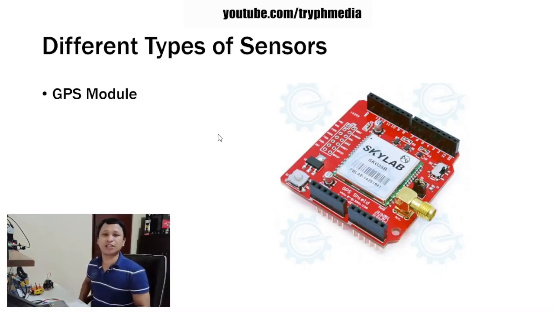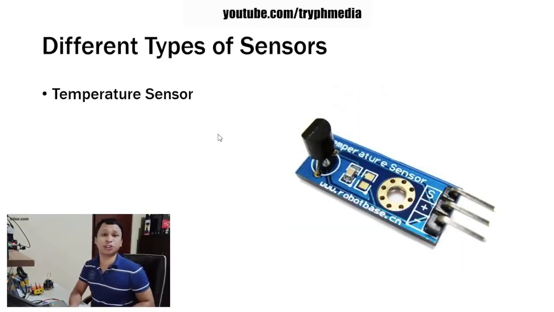This kind of sensor is very useful for that, and with robots as well, especially in quadcopters or drones. Most drones usually have GPS sensors so that you'd be able to locate the exact coordinates or the exact location of your drone.